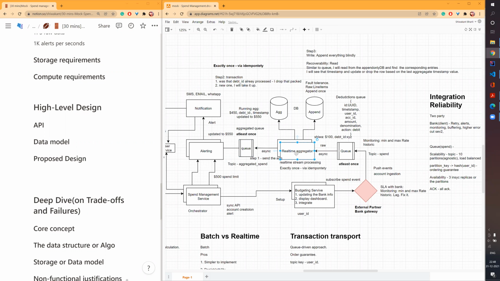Because this is at least once anyway, if we are sending it twice, it doesn't matter. Now the next step is we update the sum here, and once the sum is updated, we push it to the append DB. So these are the three steps that we want to cover here.